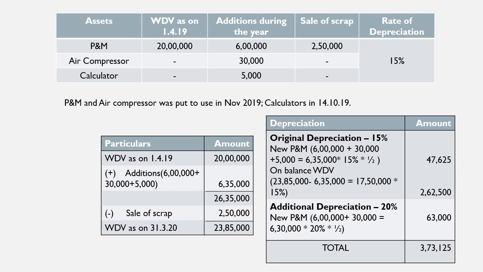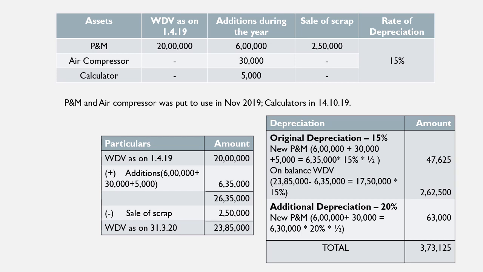Like the previous illustration, we will have to find out the written down value as on 31/3/20. After finding out the written down value, we need to calculate the depreciation. Now when we do the depreciation for plant and machinery, there are two depreciations involved.